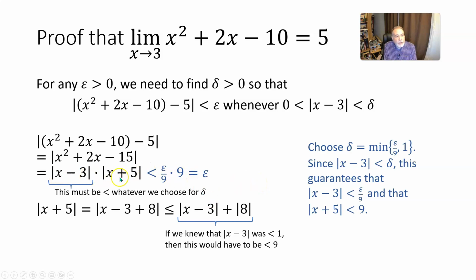And so when we multiply those two things together, we get one factor that's less than epsilon over 9 times another factor that's less than 9, and of course those things multiplied together would give you epsilon, so that proves that the whole thing is less than epsilon, which is what we needed to show. So that concludes the proof.